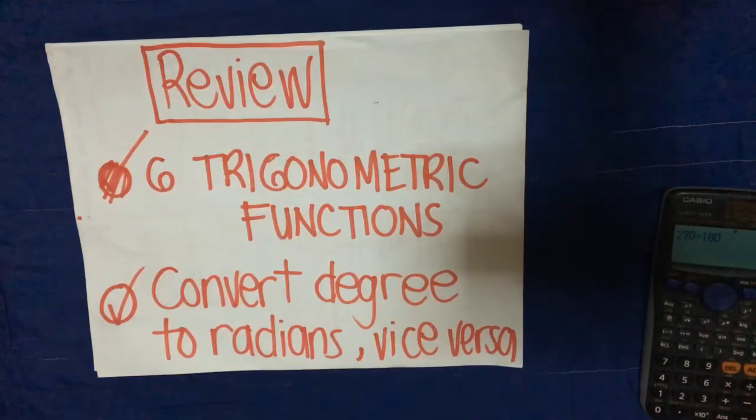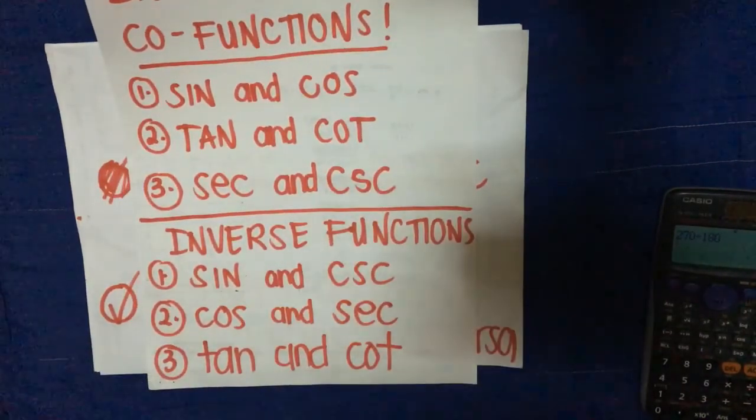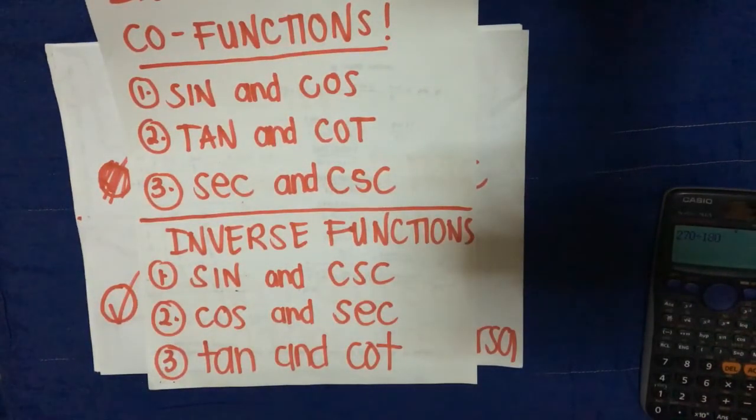Namely sine, cosine, tangent, cotangent, secant, and cosecant. And we have two characteristics, namely the cofunction and inverse function. The cofunction of sine is cosine, tangent is cotangent, secant is cosecant. And for the inverse function, we have sine and cosecant, cosine and secant, tangent and cotangent.